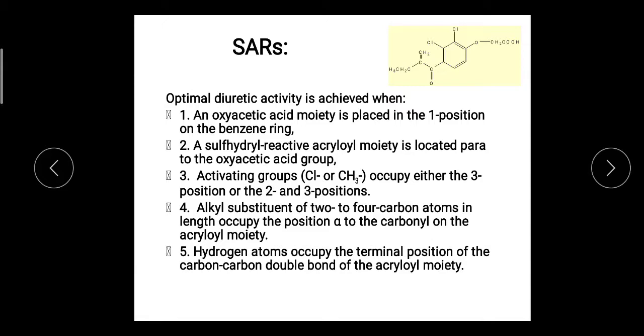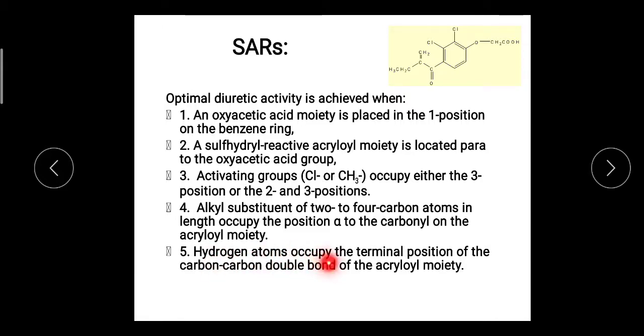So to that carbonyl group there should be a chain of at least 2 to 4 carbon atoms attached. In ethacrynic acid there is a 1, 2, 3 carbon chain. So a chain of 2 to 4 carbons should be attached alpha to the carbonyl group.